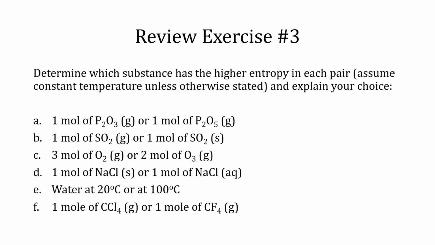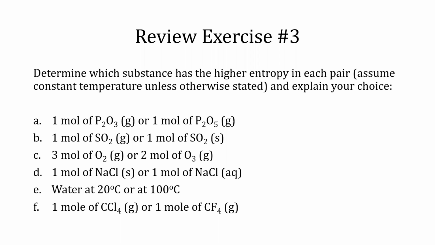This is another review exercise for you to try. Determine which substance has the higher entropy in each pair. Assume constant temperature unless otherwise stated, and explain your choice. A, 1 mole of P2O3 gas or 1 mole of P2O5 gas. B, 1 mole of SO2 gas or 1 mole of SO2 solid.